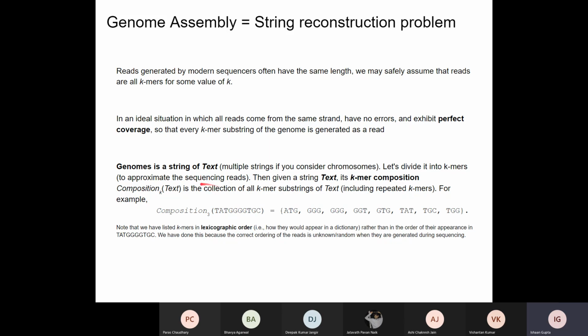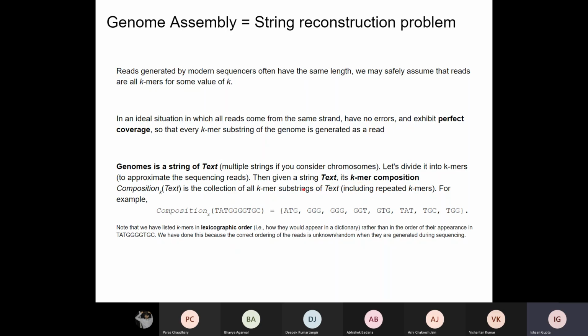So the way that you define the string reconstruction problem is that if a genome is defined as a string text, you can divide this genome into small k-mers. These k-mers would basically be like reads. So by doing this, you can define the k-mer composition of a text.